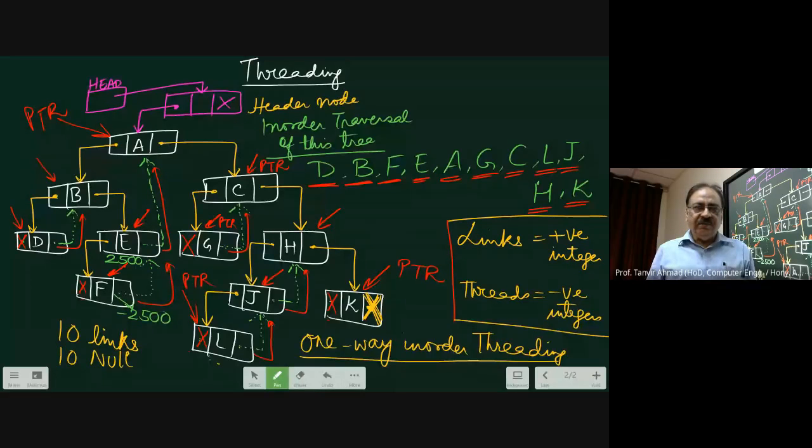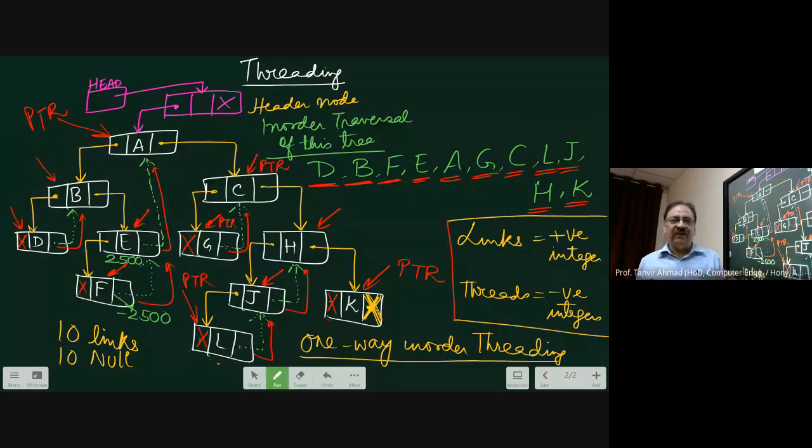If I put a negative address, it will search for a negative address in the RAM, but obviously there is no negative address in the RAM. Therefore, you have to convert minus 2500 to 2500 by using a mod function. A simple modulus will do. Is it clear? This is how you are going to do it.